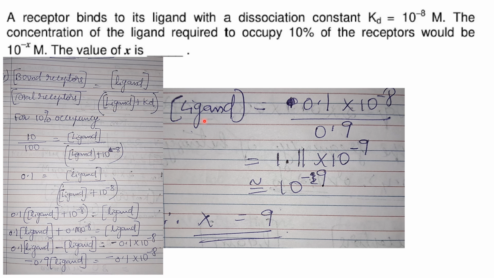So you will get concentration of ligand is equal to 0.1 into 10 raised to minus 8 by 0.9, that is equal to 1.11 into 10 raised to minus 9, or approximately 10 raised to minus 9. They have given the value of concentration of ligand is 10 raised to minus x molar. So 10 raised to minus x is equal to 10 raised to minus 9, or x is equal to 9.